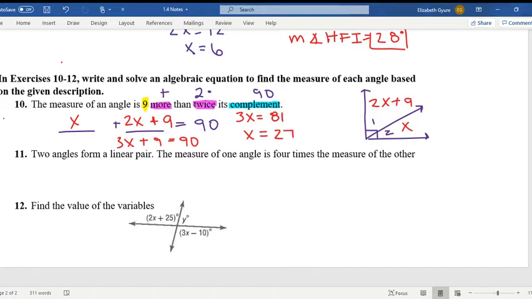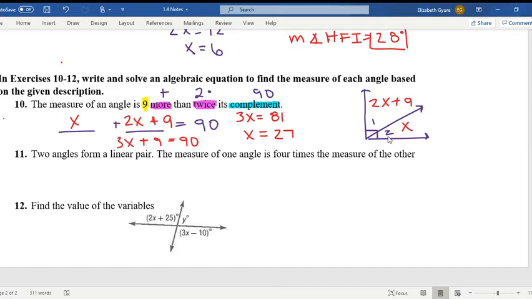And this is where the picture is kind of nice because you can see one of the angles is just 27. Right? So in a situation like this, how I would ask for this in a test is like, tell me what angle 1 is and what angle 2 is. And again, depending on how you labeled it, it could be different depending on the situation.